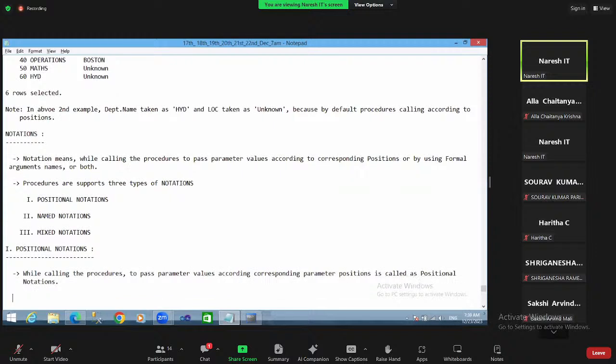By default, all procedures are called by this method only.